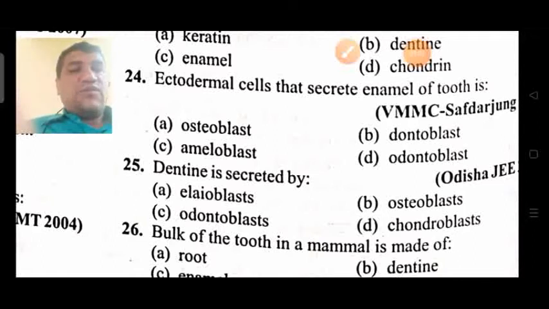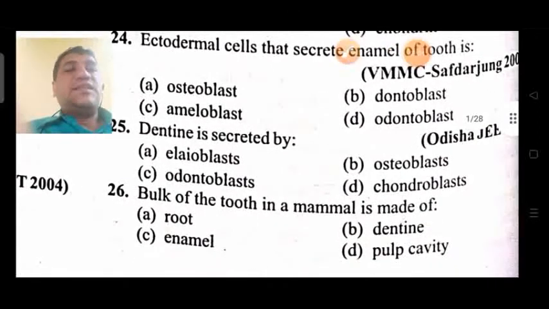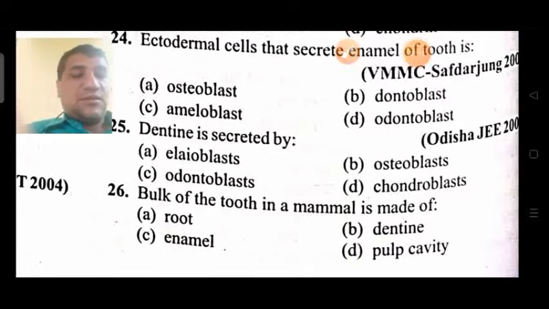25th question. Dentin is secreted by: glioblast, osteoblast, odontoblast, chondrioblast. Chondrioblast produces cartilage, and ameloblast will be producing the crown region.